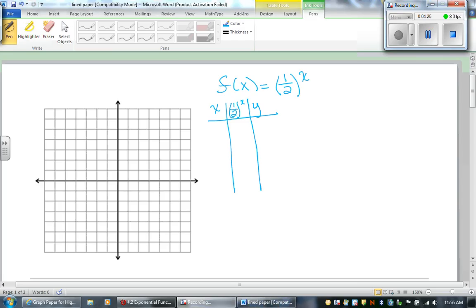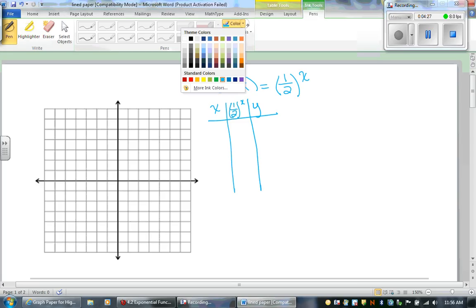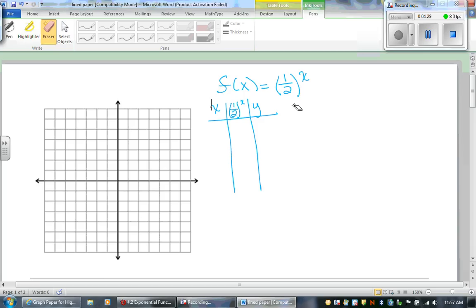If you look at the base of this function, this is very similar to something we have just done, right? We just did 2 to the x. Now, if you remember dealing with common bases, I could write this as 2 to the negative 1, raised to the x, which is simply 2 to the negative x when I raise a power to a power.